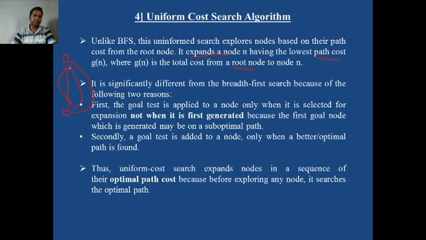Then before expanding a particular node, the path cost of each of these paths to reach the goal is calculated, and based on that only it will expand the nodes. This is the objective, or the strategy, of the uniform cost search algorithm.